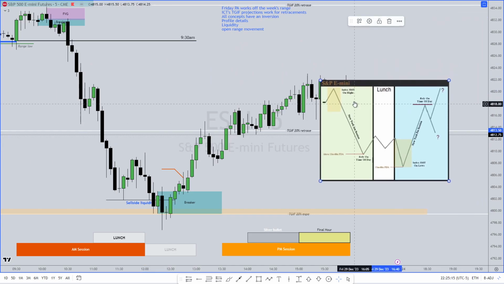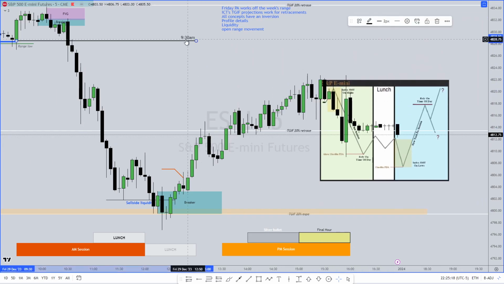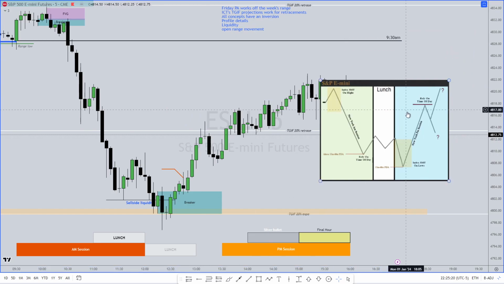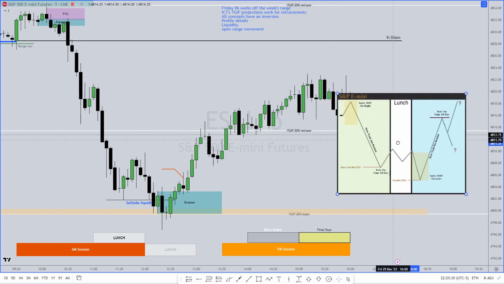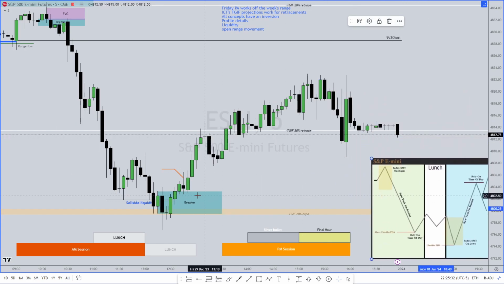Now it's not going to consolidate, it's not going to come back to the 930 open. So it's either going to be breaking above the 930 open or staying below the 930 open. That's that small little black rectangle right there. So what we have is price making this run. Whether you look at it as this 11 to 12 lunge, however you want to think about it, I'll leave that up to people's interpretation.